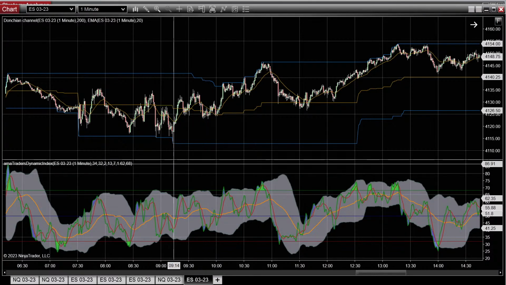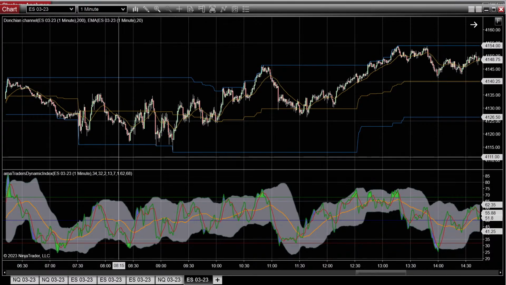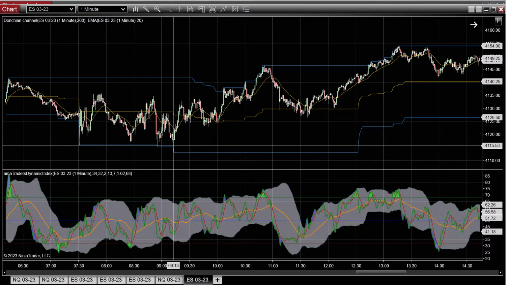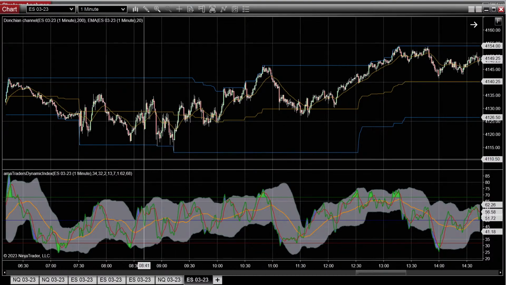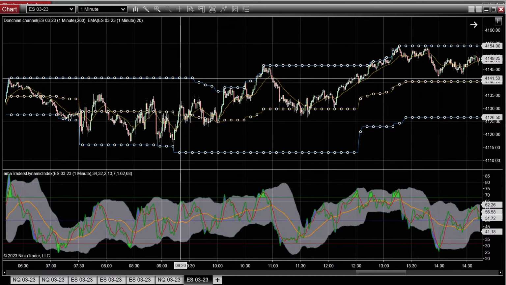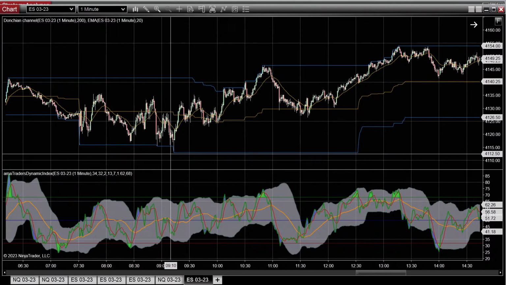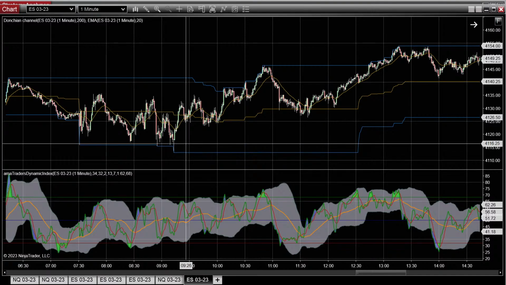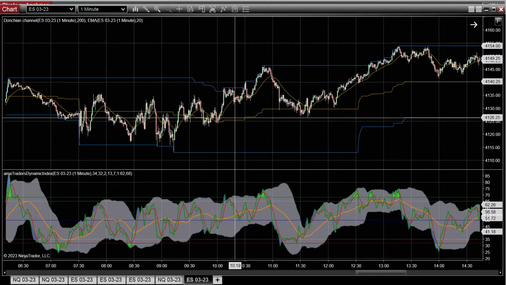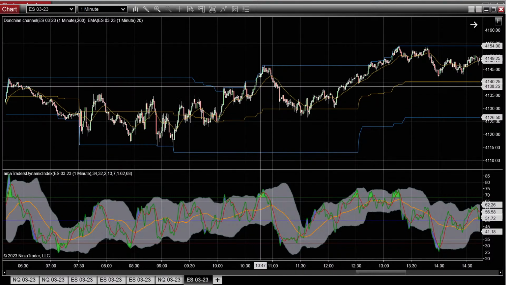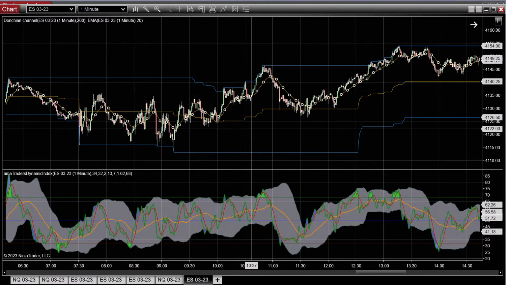It's a pretty cool indicator, one of my faves. And the Donchian channel I set to 200, so it just gives us the 200 period high and the 200 period low, and then the middle band is just the mean. And the EMA, I think, is just a 20 period EMA.